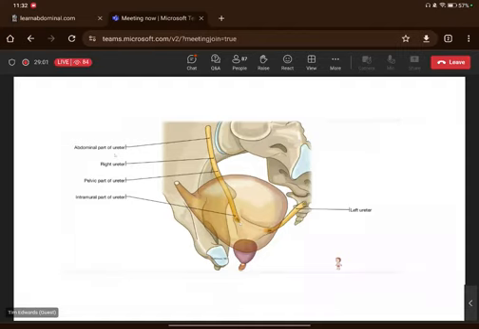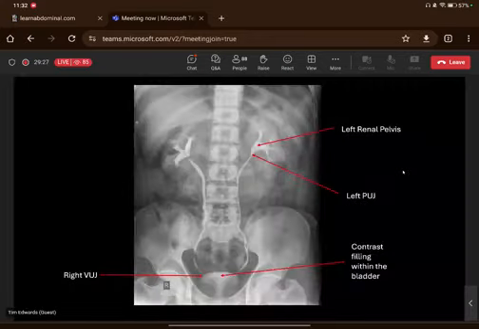And as you can see, this is the abdominal part of the ureter, and then when it reaches the pelvic brim, it becomes the pelvic part, and then of course is where it enters the bladder posteriorly at the VUJ. That's where you get the intramural part of the ureter, and we'll talk about bladder anatomy when we come to it.